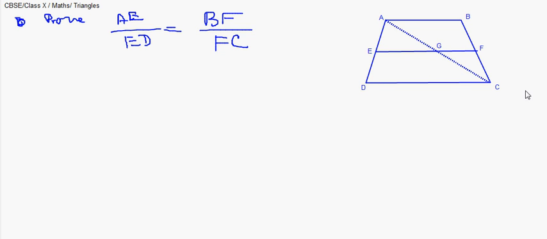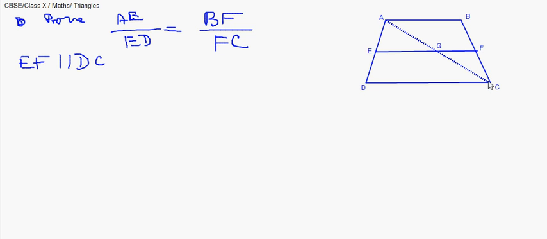It was also given EF parallel to AB, so thereby making EF parallel to DC. So we derive EF is parallel to DC. Now EF is parallel to DC, so in this triangle EG also is parallel to DC.